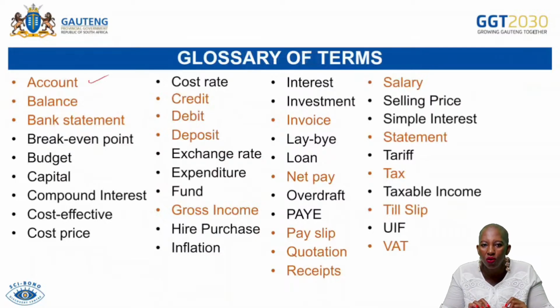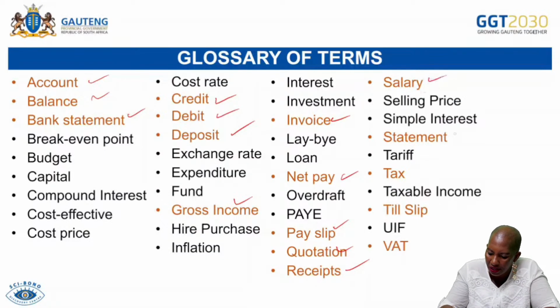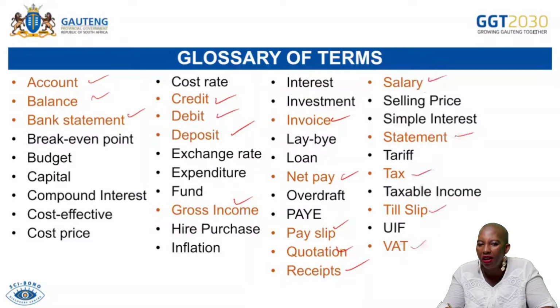But for today, our focus will be on account, balance, the statement, the credits, the debit, the deposit, the income, and then the invoice, the net pay. Remember, we spoke about the salary, the pay slip, the quotations, the receipt, salaries, statements, tax, till slip, and VAT.